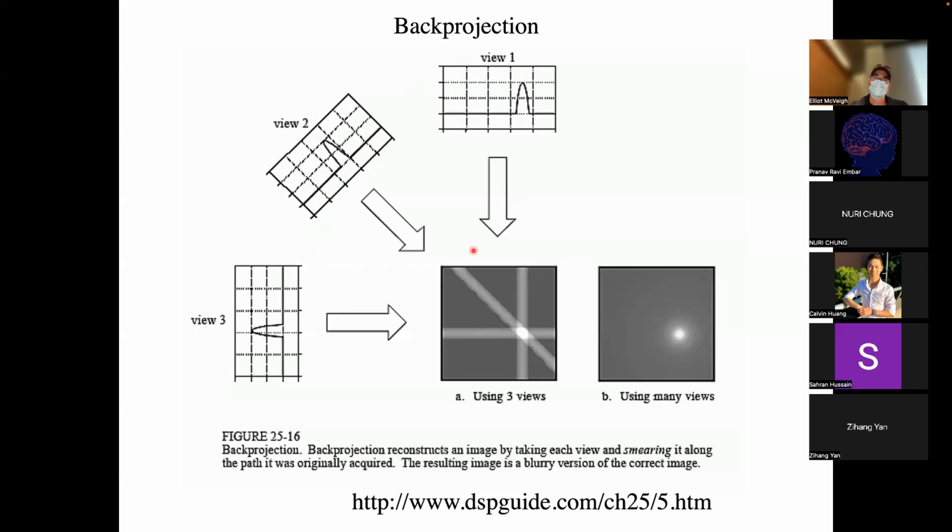If you take more and more views, you think, well, if I just take enough views, things will get better. So we'll take 1,000 views, and you get this picture. What it looks like is a disk in a very deep fog. It's essentially a blurred version of that disk.